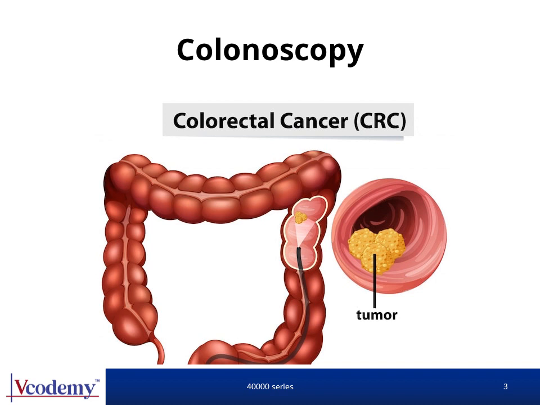45378, which is colonoscopy: if it reaches the cecum, fine, you can bill it. But if for some reason the physician is unable to pass the scope beyond, for example, the descending colon due to poor prep, with stool present in the colon, then you have to stop the procedure.